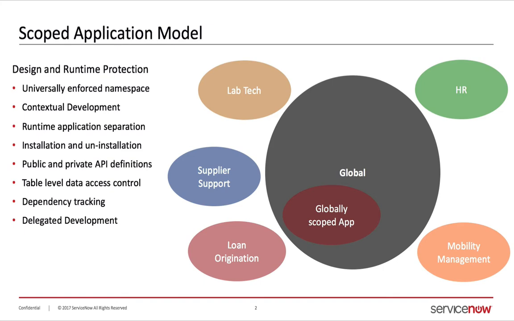You have public and private API definitions, table-level data access control. Applications have the ability of tracking their dependencies, along with other features like being able to delegate which developers have access to this particular workspace, and being able to integrate with source control like a Git repo. These are some of the benefits that scoped apps have.